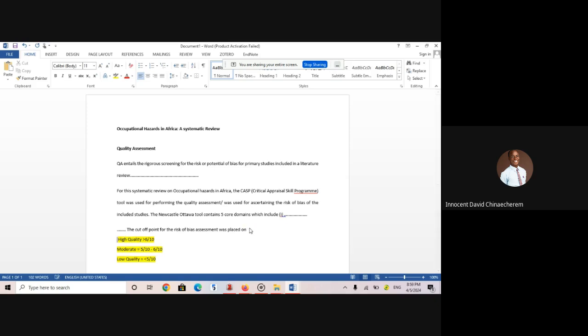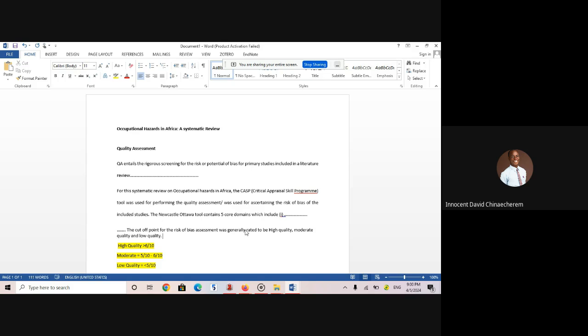Now you would go ahead to explain that the cutoff point for the risk of bias assessment was generally rated to be high quality, moderate quality, and low quality.